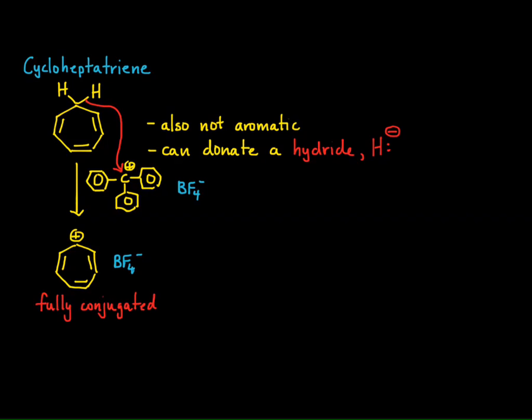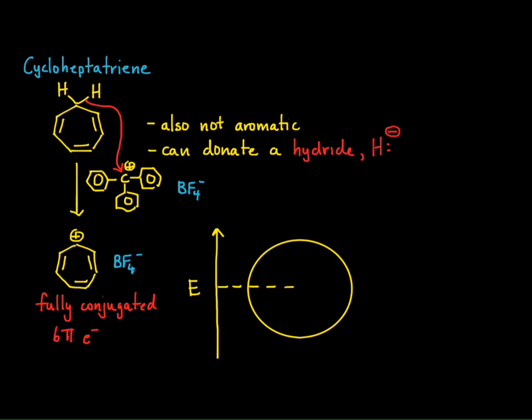So it's fully conjugated. It has 6 pi electrons in that fully conjugated system, and we can think about the Frost circle for this, right? Again, drawing the vertex pointing down, we get this. So we have 7 orbitals that are produced. 3 of them are bonding, 4 of them are antibonding, no non-bonding orbitals.